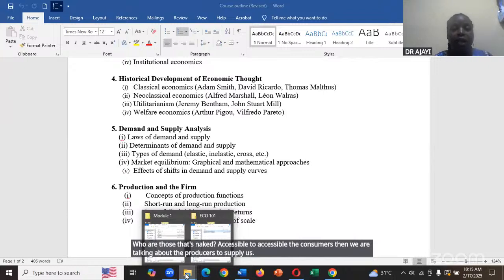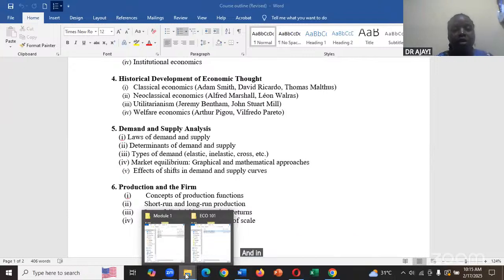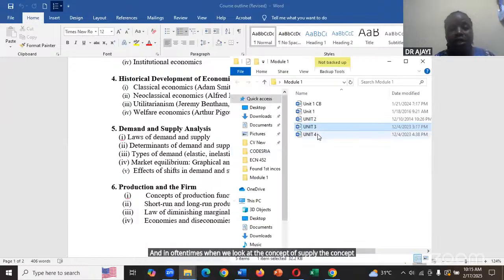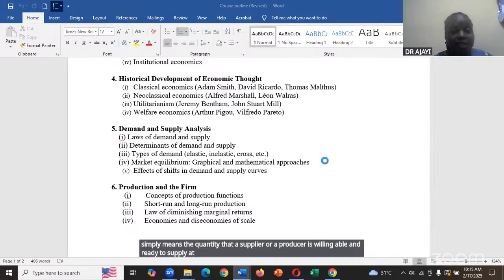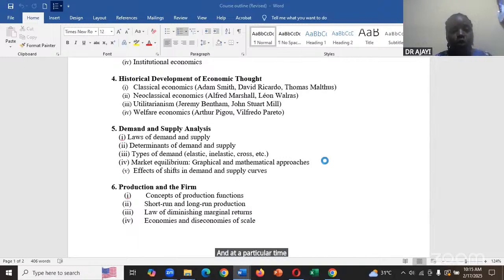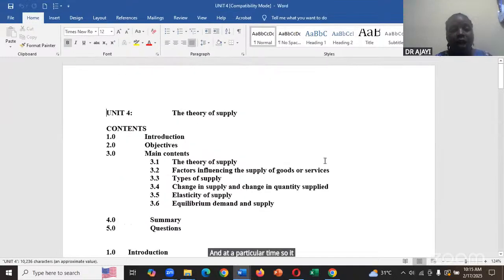And oftentimes when we look at the concept of supply, it simply means the quantity that a supplier or a producer is willing, able, and ready to supply at going prices and at a particular time. So it is just the other arm.